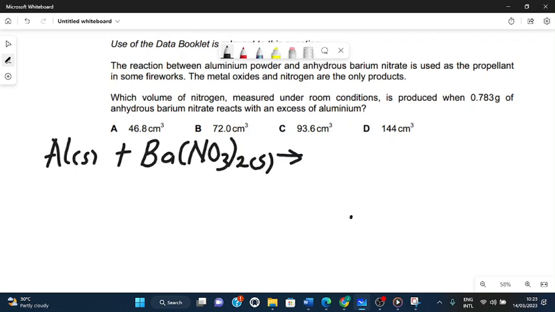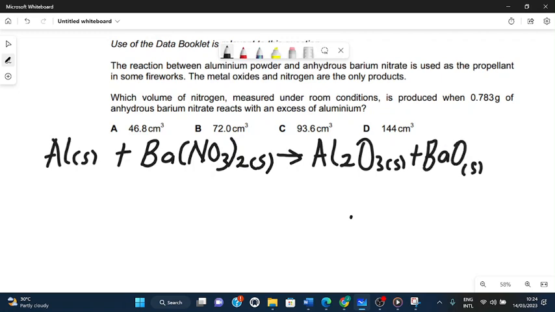The metal oxide and nitrogen are the only products. So what are the metals here? Aluminium, so aluminum oxide is one of the products, solid. The other one is barium oxide, and nitrogen, the gas. So this is the equation.